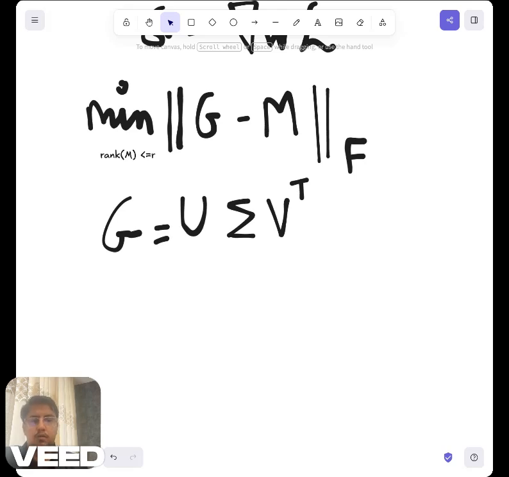Anyways, coming back to our problem at hand, let's say we break down G into an SVD style decomposition, or a truncated SVD.